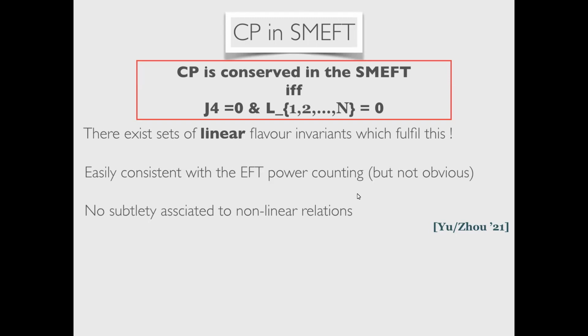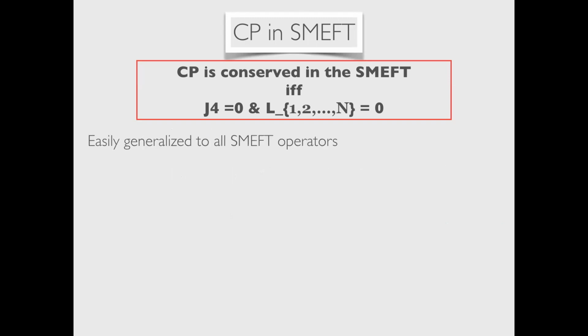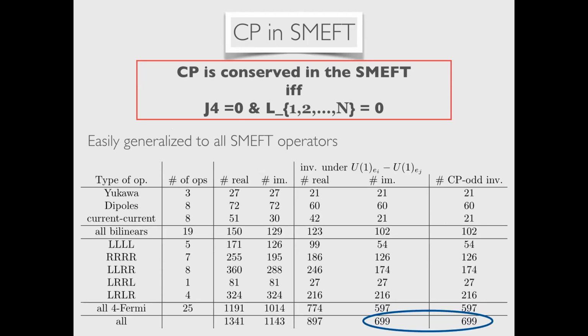So since our constraints are all linear, these kinds of subtleties do not arise. Okay, and such games are easily generalized to all SMEFT operators. I'm not flashing the list of all the invariants you could build, and they exactly match the number of conditions we expect from our previous counting.